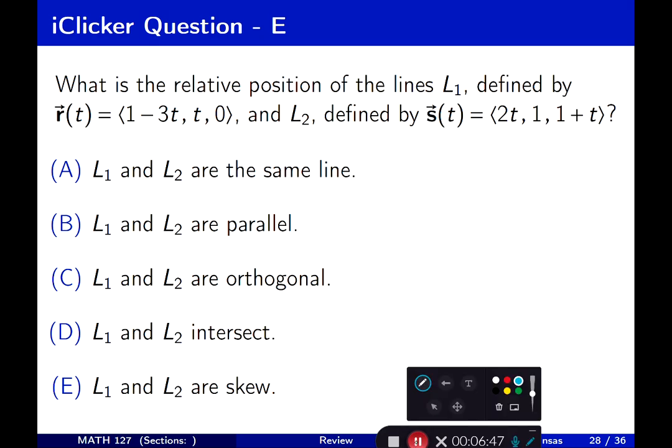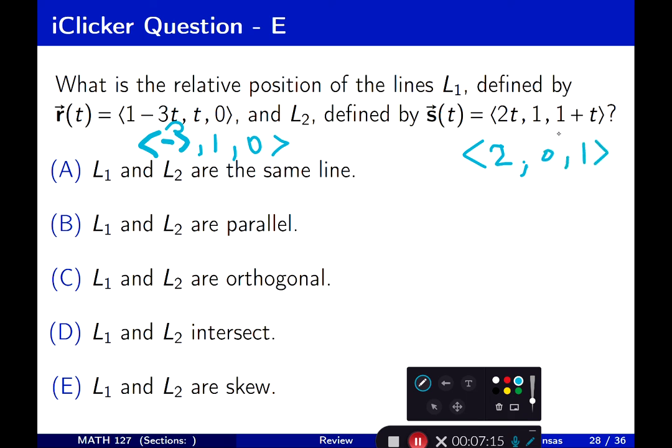Now that you worked on it, let's work on it together. Are they parallel? The direction vector for this one is (-3, 1, 0). For the second one, what's multiplying t? It's (2, 0, 1).